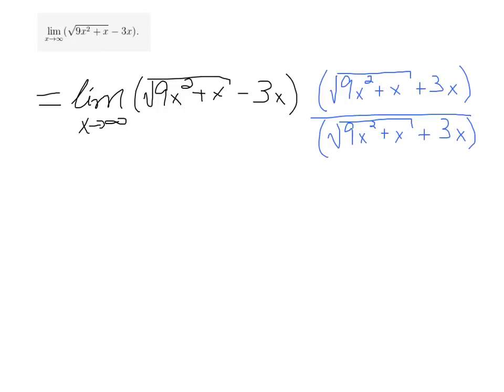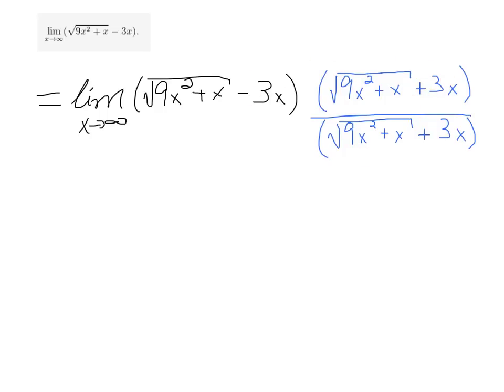Let's take this expression here and multiply it by its conjugate. Alright, so now I've taken the expression and multiplied it by its conjugate, and you're going to see that we get a difference of squares.